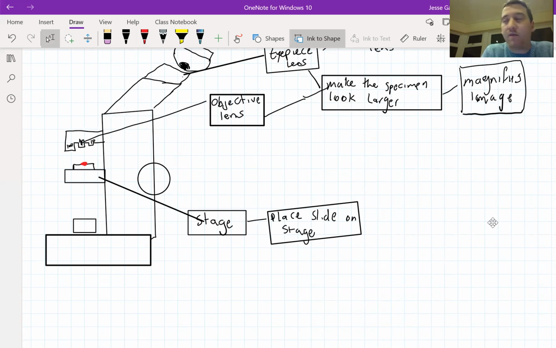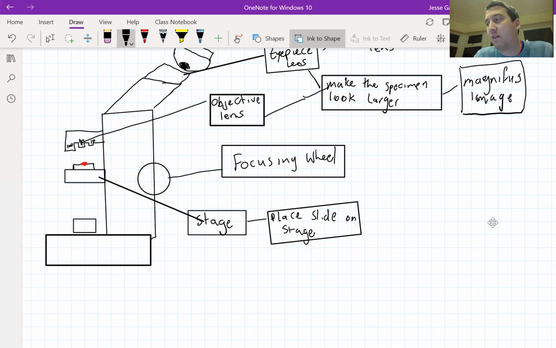This here is the focusing wheel. When we look at the specimen at first, sometimes it's a bit blurry. We say the resolution is low, it's difficult to see. So this is the resolution.